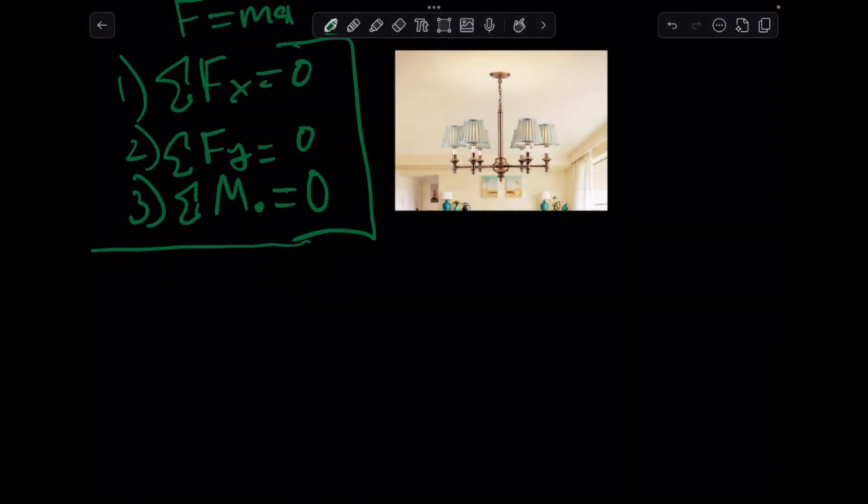Okay, let's look at our first example, a very simple particle equilibrium problem. Let's say that the chandelier has a mass of 5 kilograms.